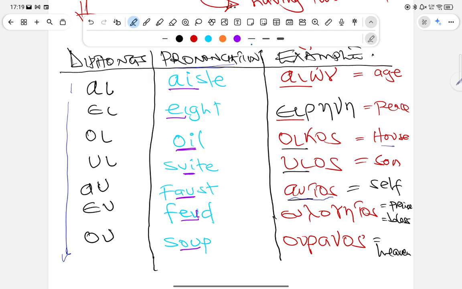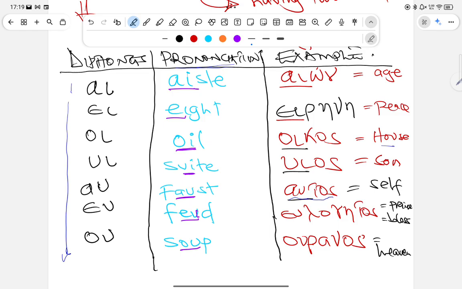So again, I'm emphasizing this so you're able to see the sound of the diphthongs. This is alpha, iota, aion, age; epsilon, iota, eirene, peace; omicron, iota, oi, because you hear the omicron sound and the iota sound, oikos, like oil, right?